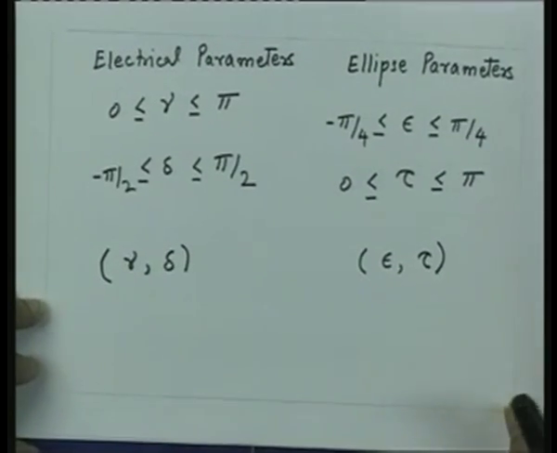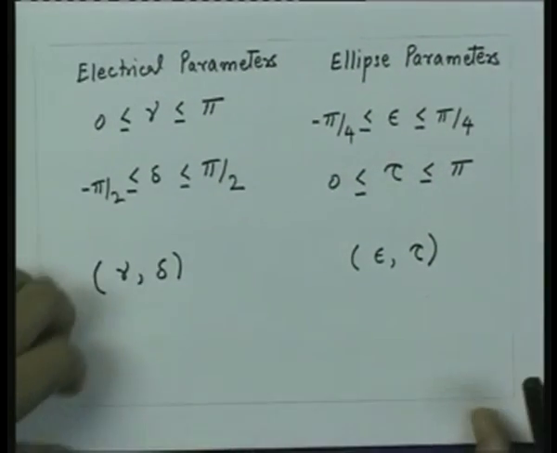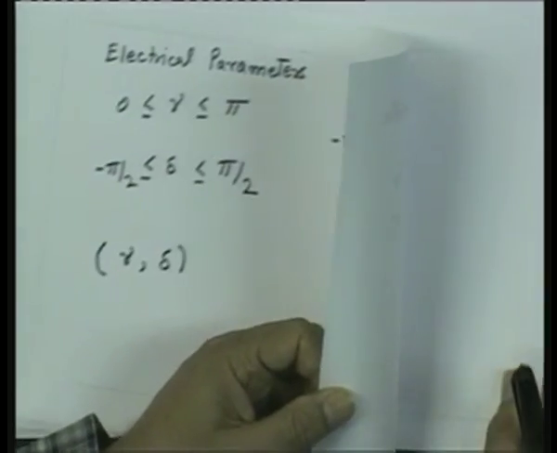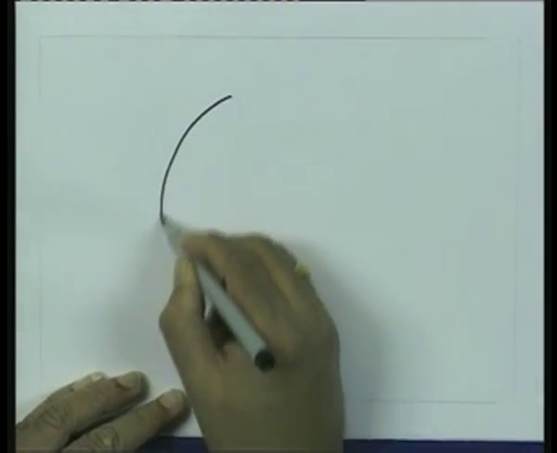Let us say we have a sphere which is like the globe, where you have the latitude and longitude lines drawn on it. So, let us say I have a sphere.